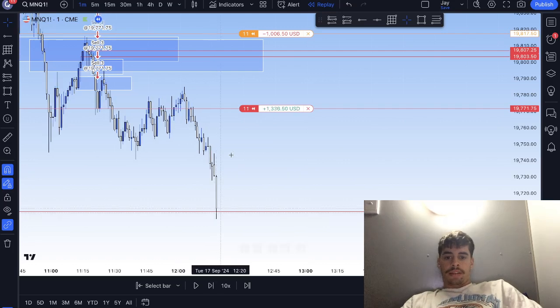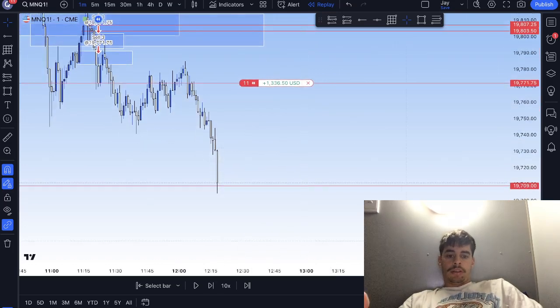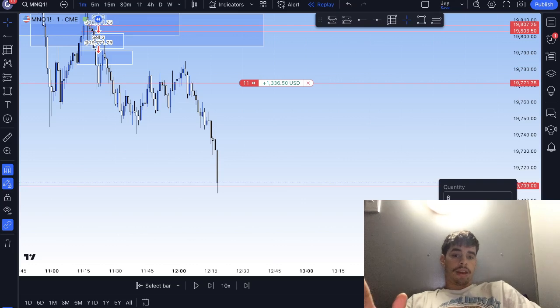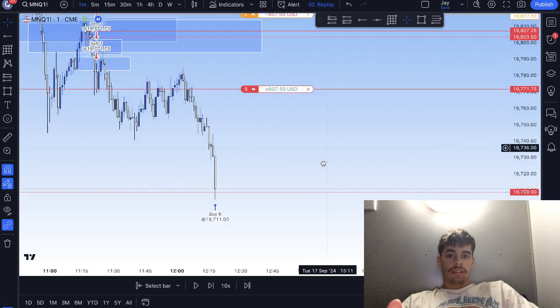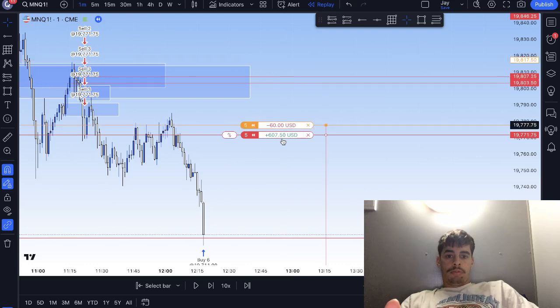Bang, we hit TP1, meaning we sell half our positions, the majority half if we're in an odd number of positions. So buy back 6 contracts in the sell order, move stops to break even.